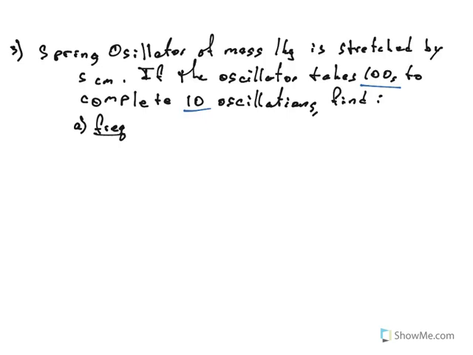So if it takes 100 seconds to do 10 oscillations, then 10 over 100 tells me it'll do 1 oscillation in 10 seconds. So the total number of oscillations over time tells me 1 oscillation can be done in 10 seconds.